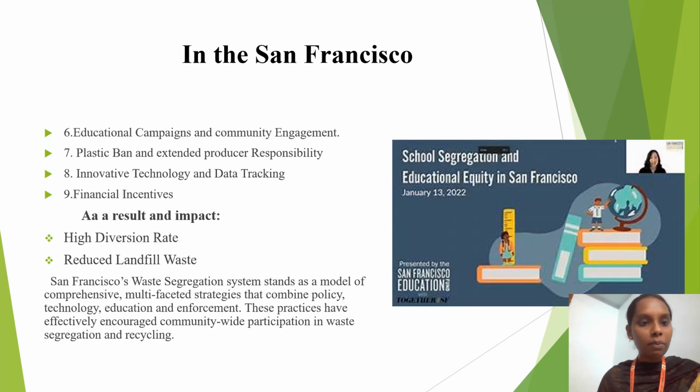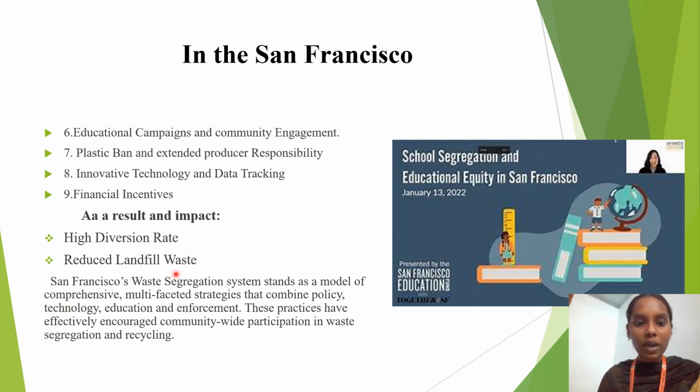Next, what are the other key factors in San Francisco? Educational campaigns and community engagement, plastic ban and extended producer responsibility, innovative technology and data tracking, and financial incentives. As a result, they achieved a high diversion rate and reduced landfill waste.